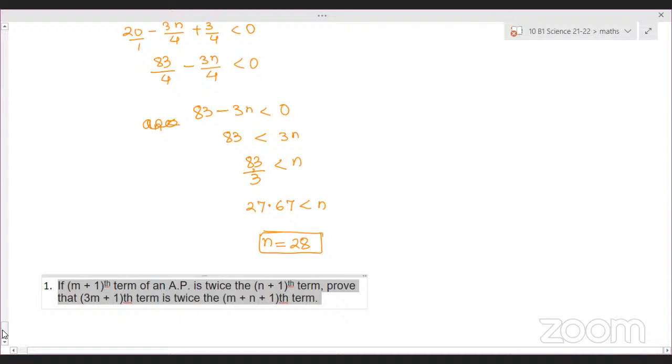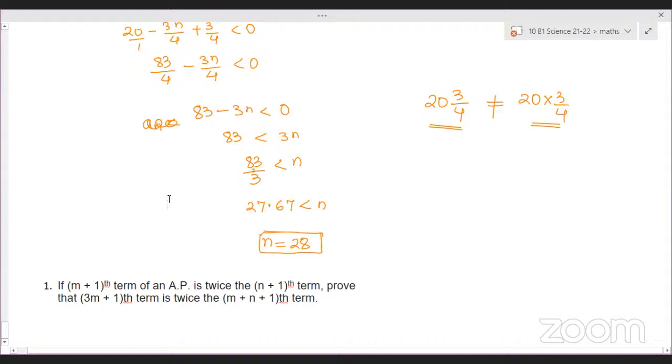Where has it gone? 20 into 3 by 4 and 23 by 4 are different. 23 by 4 and 20 into 3 by 4, both are not equal. Oh, yeah, okay. Here you have written it in the mixed fraction and this is a product. How can you cancel 3 by 4 on both sides? Yes, ma'am, that was the mistake.